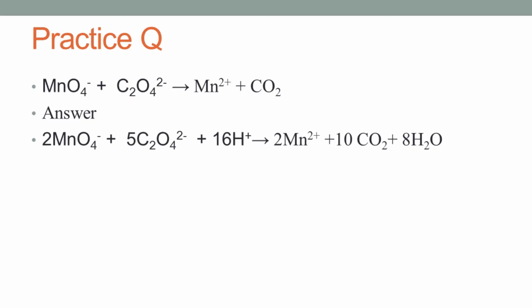Since there are 2 carbons in the oxalate ion, the first thing to do would be to produce 2 moles of carbon dioxide. Count the oxidation number for 2 carbon atoms in the reactant and product side, then produce appropriately the number of electrons that you need. So that's the care that you should take while trying to solve this equation, which is being balanced in the half reaction method or ion-electron method.